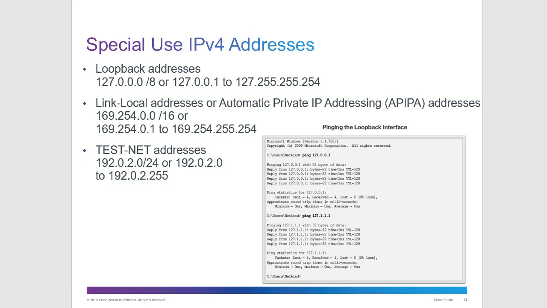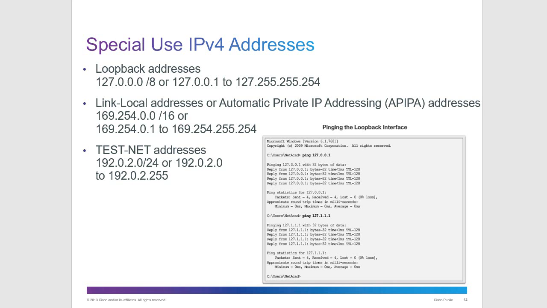You've got a link local address or an automatic private IP address, a APIPA. That's typically given to your device when you can't get off your network, or you don't have access to DHCP. So your device is just going to assign itself a local address so that it can communicate locally, even though it's not getting an address through DHCP.